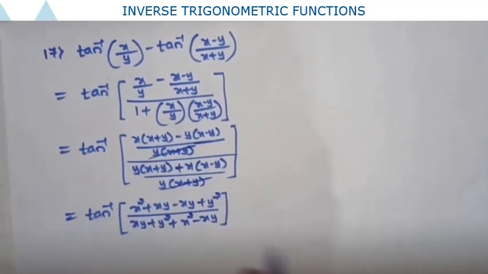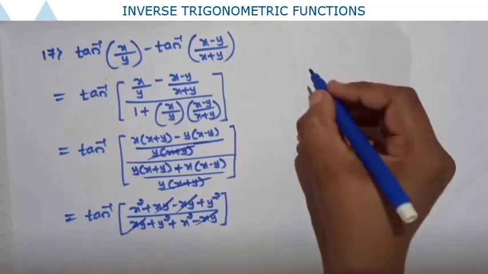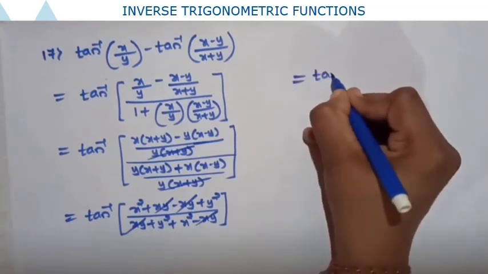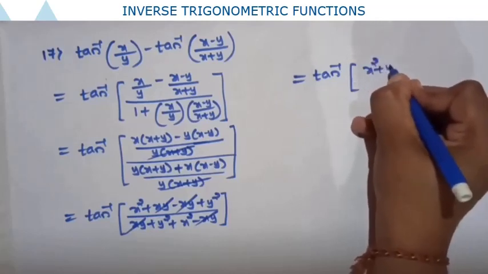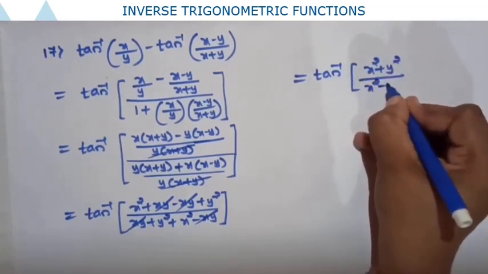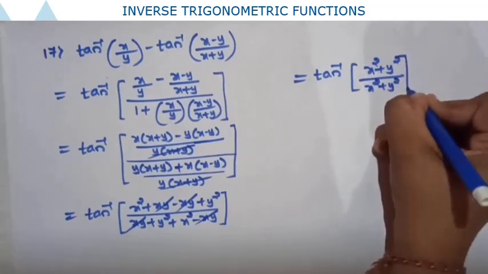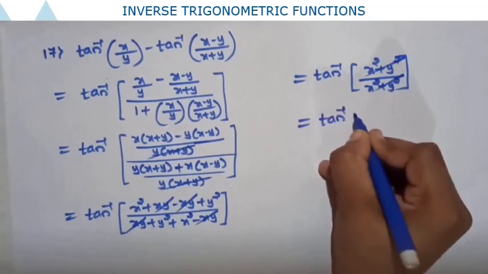In the numerator, plus xy minus xy get cancelled. In the denominator also plus xy minus xy get cancelled, so that we are having tan inverse of x square plus y square divided by x square plus y square. If x square plus y square get cancelled, we are getting tan inverse 1.